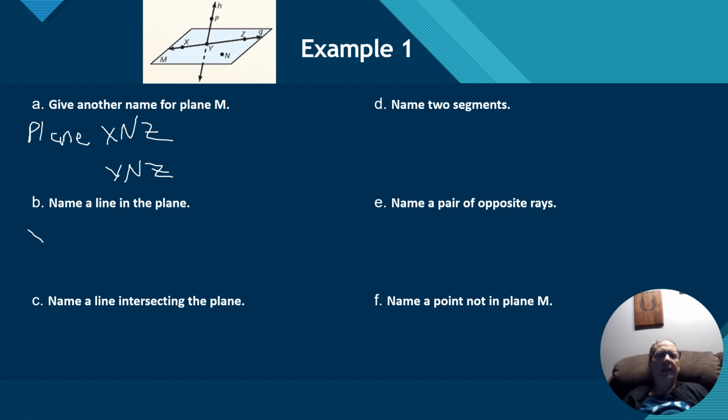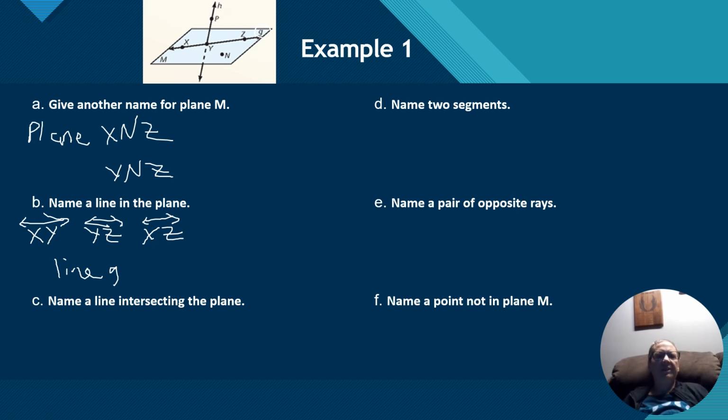I can write it as XY because it contains both X and Y. I can write it as YZ because it contains both Y and Z. Could also write it as XZ, because it contains both X and Z. And there's one other way I can write it, and that's this little letter up in the corner that you can barely see up here, and that is line G. Most people are going to prefer the point method, but occasionally you can use the letter method like that.